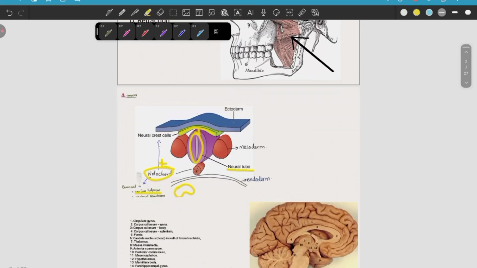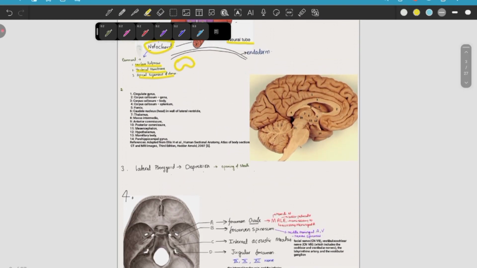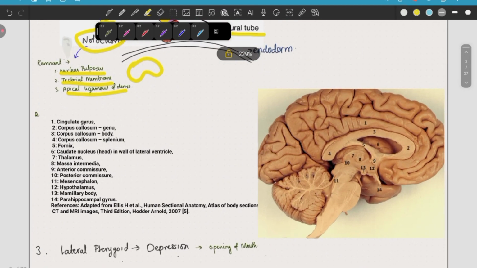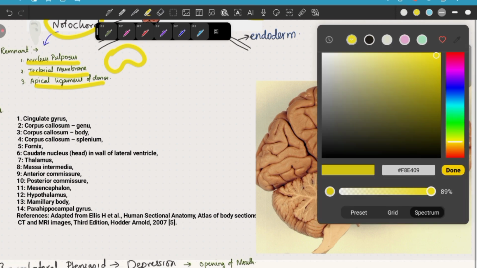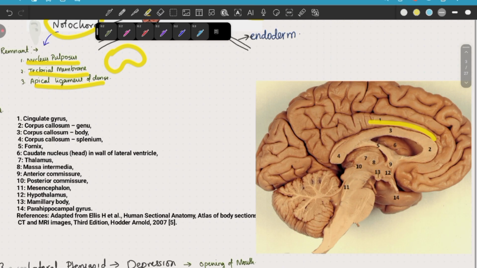You can see the structures if you want, I'll show you. The first one is the cingulate gyrus. This 2, 3, 4 are the corpus callosum, and 5 is the fornix, the structure they have asked.